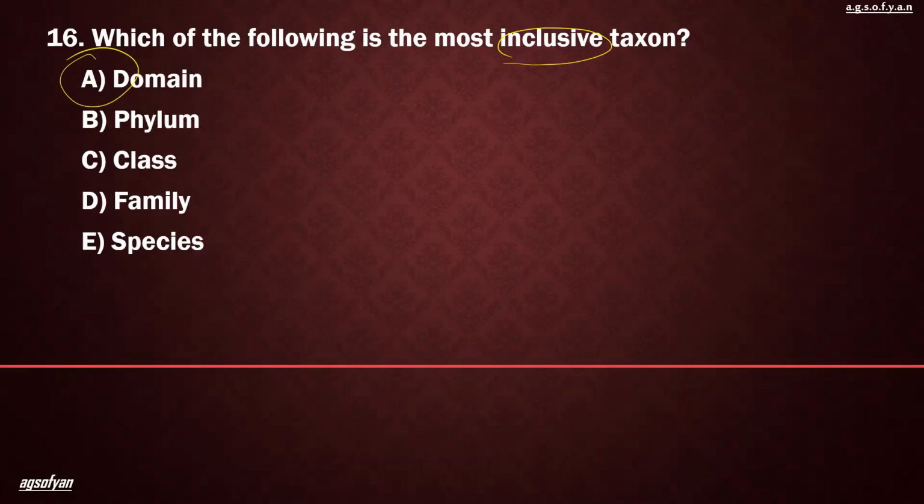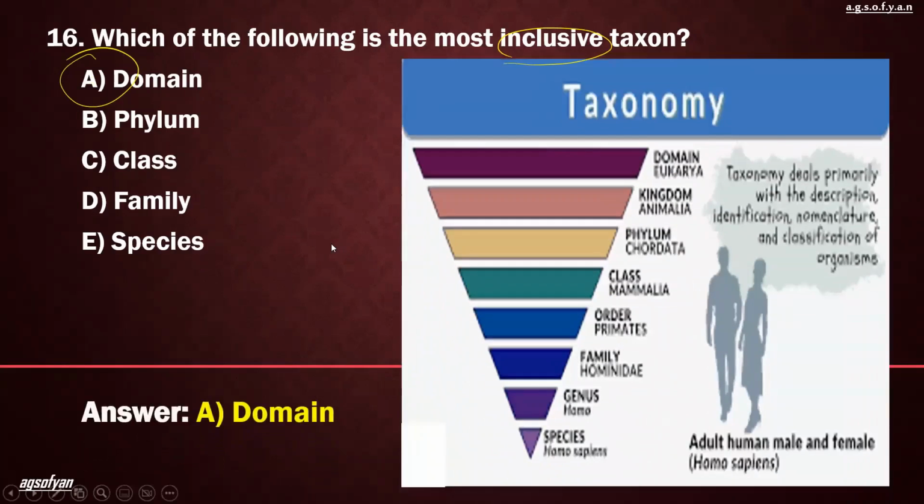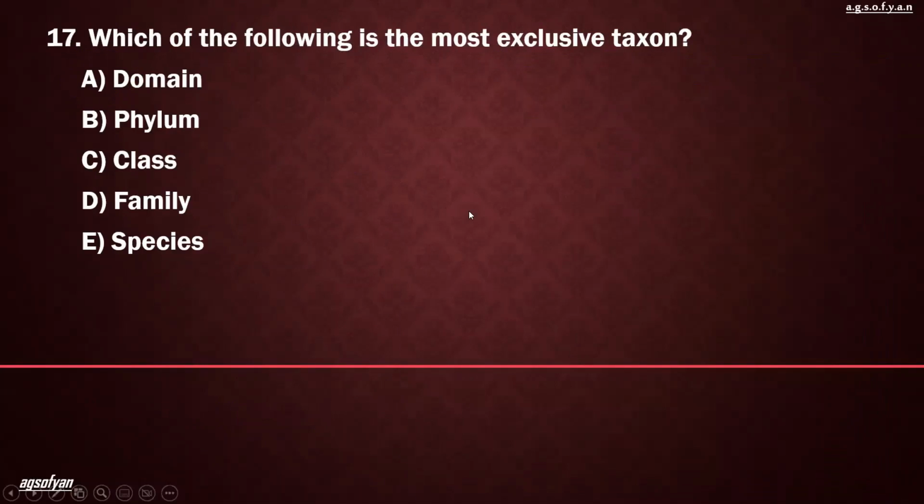So domain includes all, so all will be in the same domain. How about the exclusive one? It's going to be species, because there is only one type of organism in a species. It's exclusive.